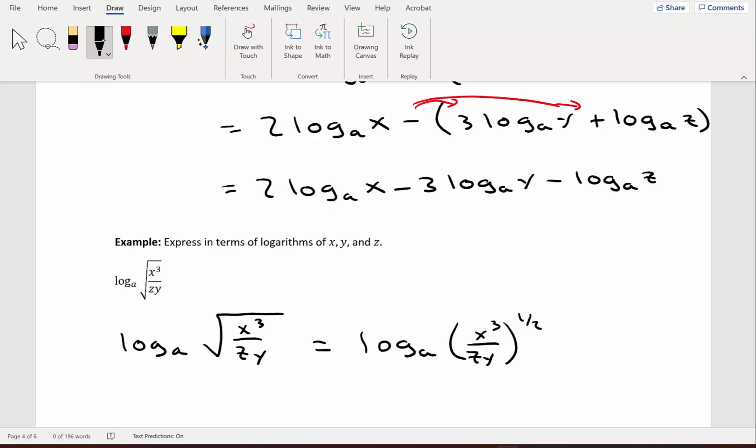Now I could use my properties for exponents, and I could raise each one of these to the 1/2 power. So I could distribute this 1/2 out to each one of these. Okay, so this becomes log base a of x raised to the, now 3 times 1/2 gives me 3/2 over z raised to the 1/2, y raised to the 1/2.